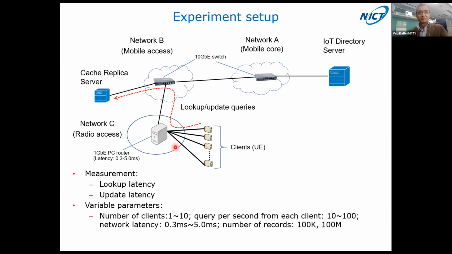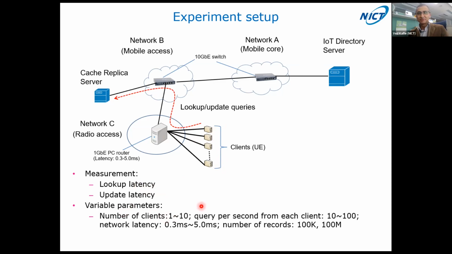And then what we have done, we have assumed this as an IoT gateway, and these are the IoT devices. For the experiment, we have just used virtual machines as IoT devices.